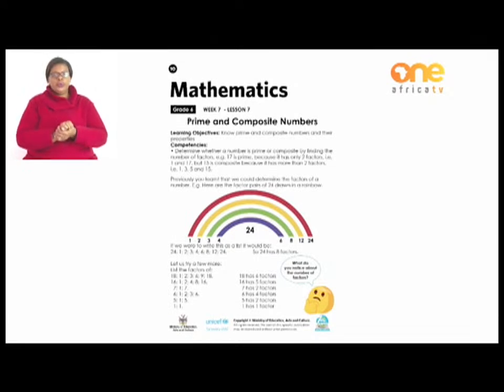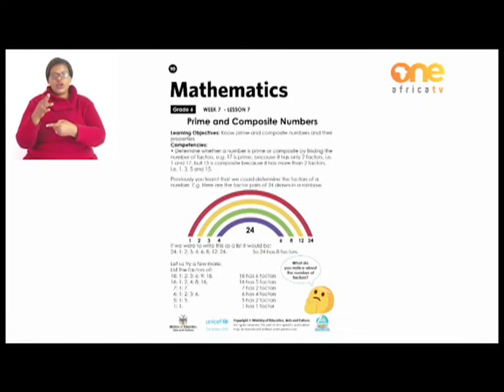Now, if you can remember this work, if we have the number 24, for example, 1 and 24 will be factor pairs. You'll also notice that both of them, which is 1 and 24, are in the red color of the rainbow. And if you take 1 multiplied by 24, it will also give you 24.